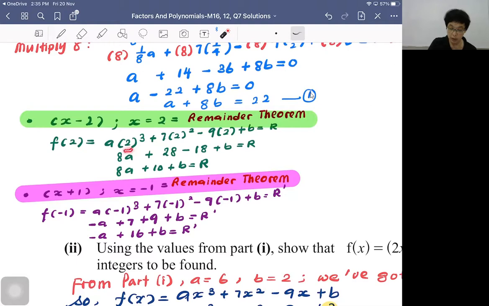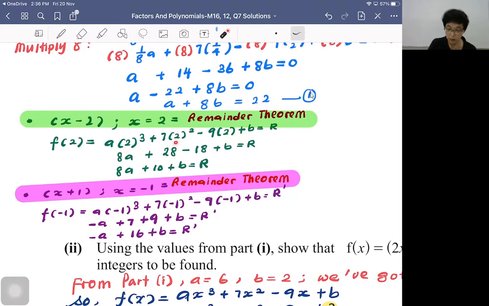A times 2 cubed plus 7 times 2 squared minus 9 times 2, and then plus b equals the remainder. We just use the capital R to represent the remainder after f of x is divided by x minus 2. Therefore, on further simplifying, 2 cubed, you get 8.